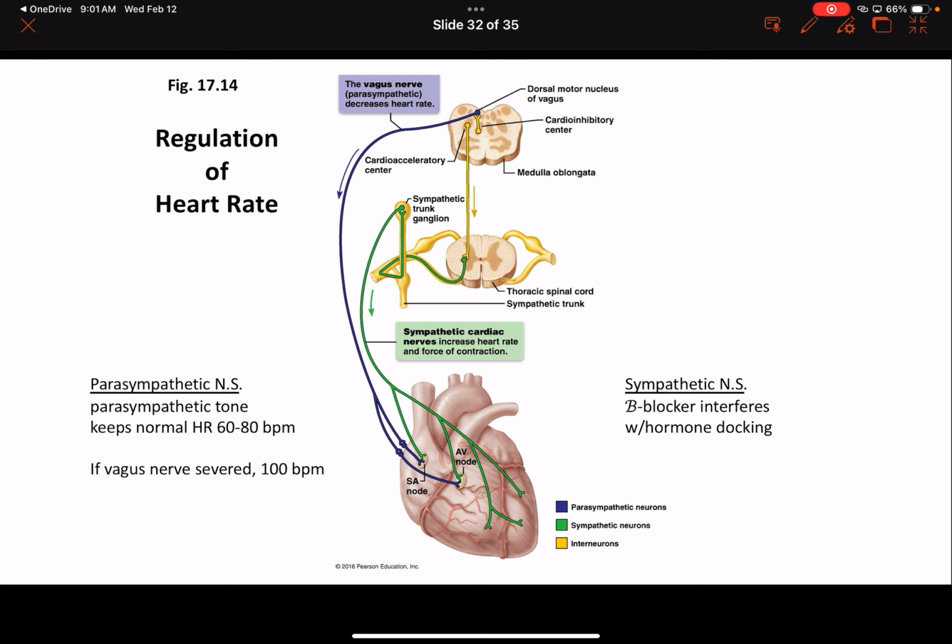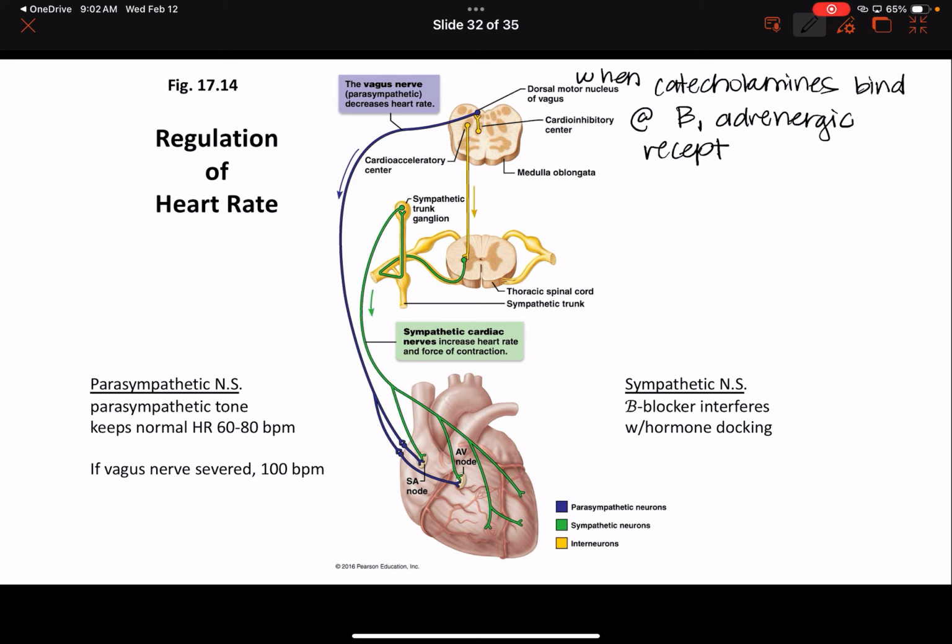Because when our catecholamines bind at those beta 1 adrenergic receptors, it causes, and this is specifically at the SA and AV node, because those are our pacemaker cells, threshold to be reached more quickly.